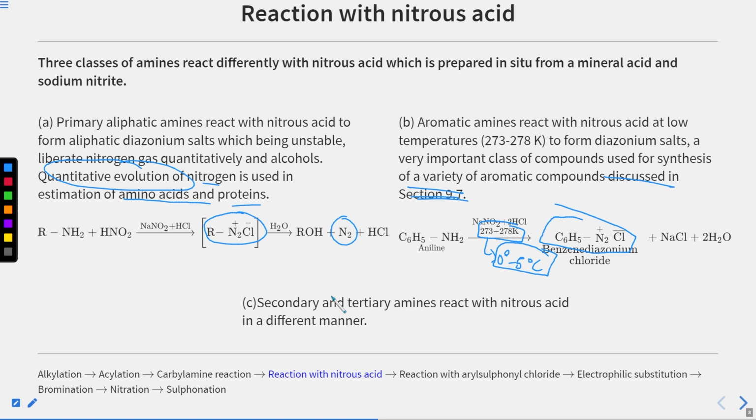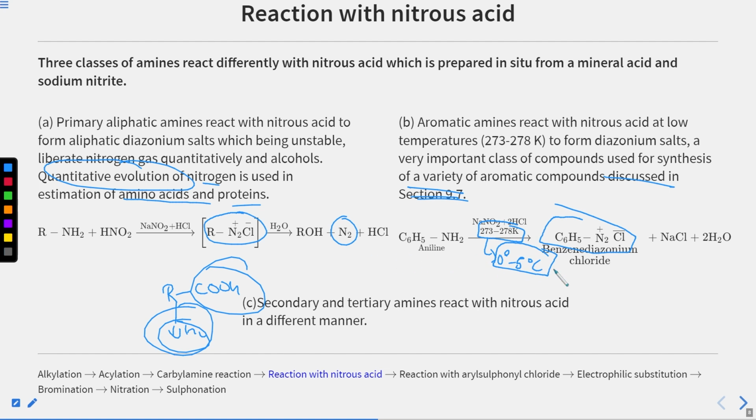An amino acid is a structure which looks like this. It has both an amine and a carboxylic group. So this amine group can be used for the diazotization reaction, and the nitrogen that is released can be estimated to get an idea of the amino acid that we are looking at. But how does this reaction go?